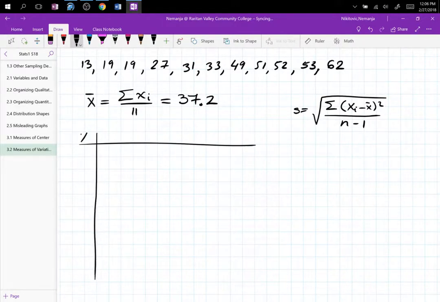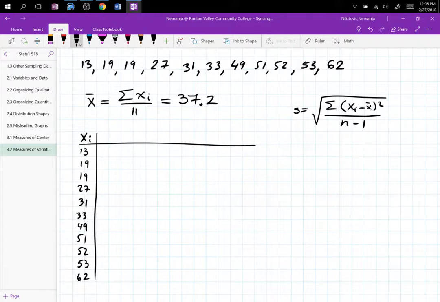The first column are xi's. Those are individual observations, and you have them in a chart. So that's 13 and 19 and another 19, 27, 31, 33, 49, 51, 52, 53. Who picked this many? 62. There we go.